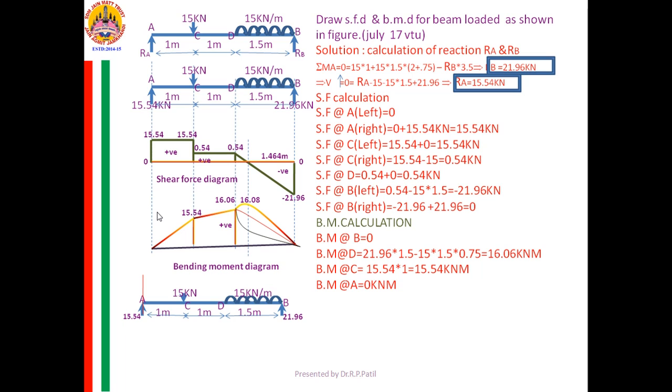SF itself is inclined. Therefore BM will be higher order of it. Means inclined line, higher order of it is parabola. Second order. Inclined line is AX plus B, first order in X. And higher order of it is AX square plus BX or something like that, second order.